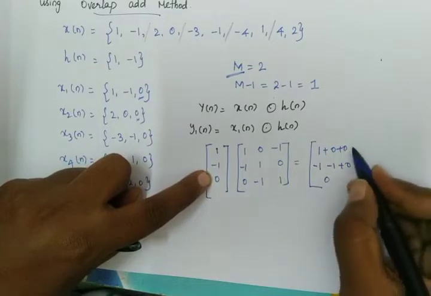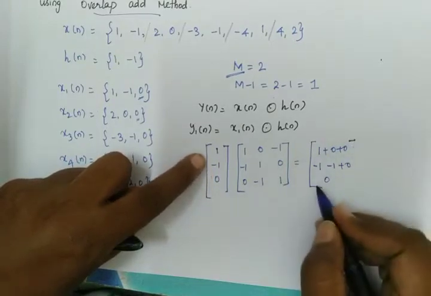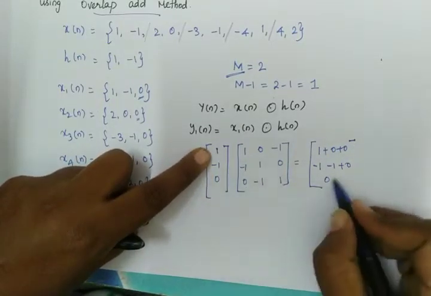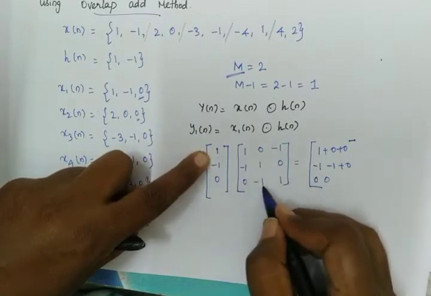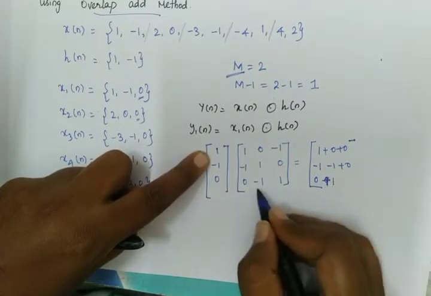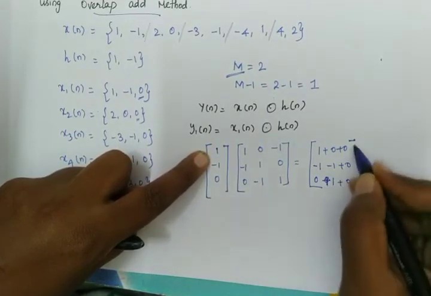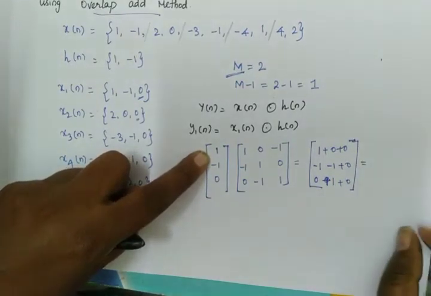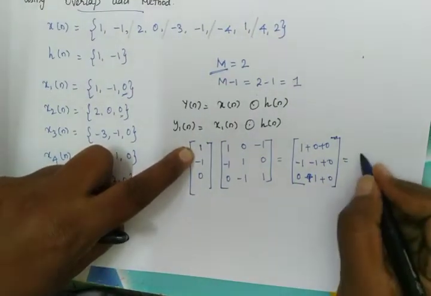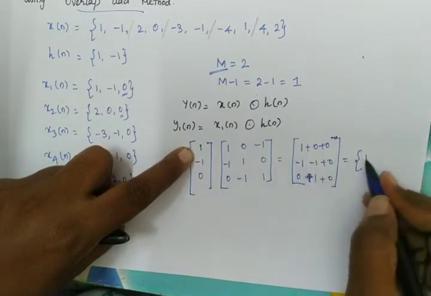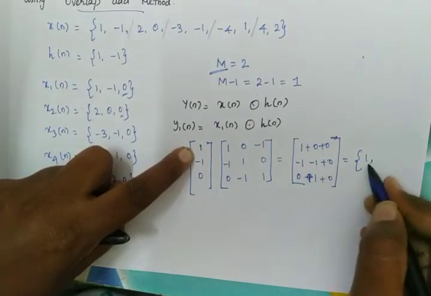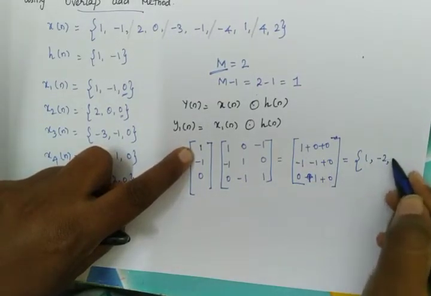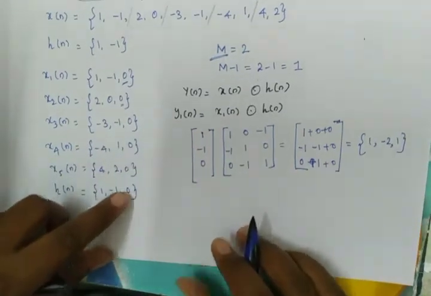So everything will be 0. Then minus 1 into minus 1 will be plus 1, then this will be 0. Now what is the answer for this? So the answer for this is 1, minus 2, 1.